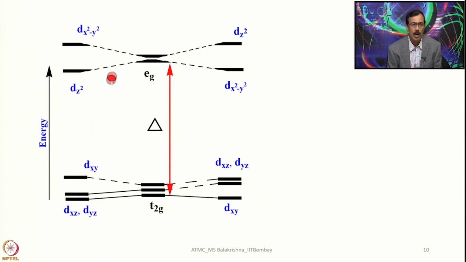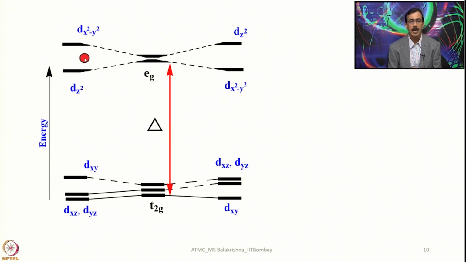In this case, what is the consequence of this kind of arrangement on the stability of the complex? Now, when 6 ligands are approaching the metal ion, because I have put 2 electrons in dz square, those approaching from the Z and minus Z direction would experience maximum repulsion and try to stay a little away from the metal center, whereas since only 1 electron is there in dx square minus y square, the 4 ligands approaching along X minus X, Y minus Y would experience less repulsive forces.